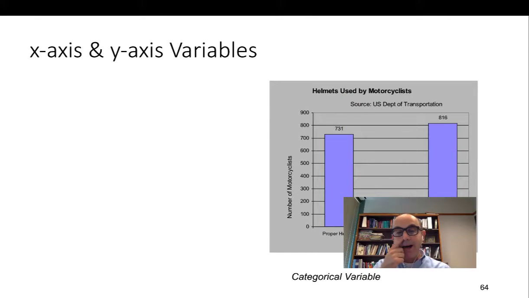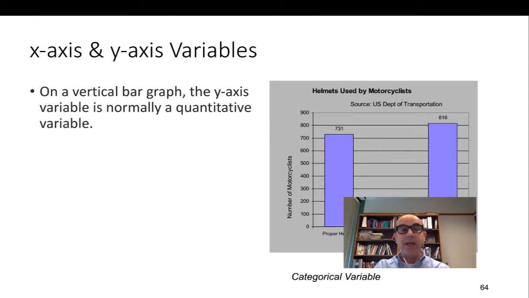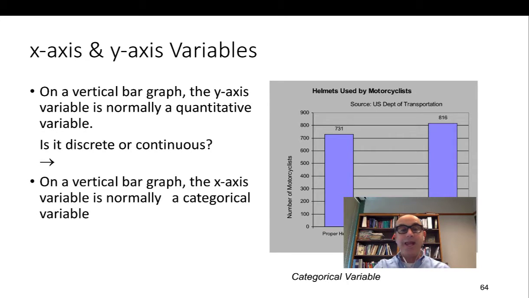If we talk about categorical variables on a vertical bar, the X variable is normally called categorical, and in this case it is the helmet type. Is it discrete or continuous? Again, on the X axis, the variable is normally a categorical variable.